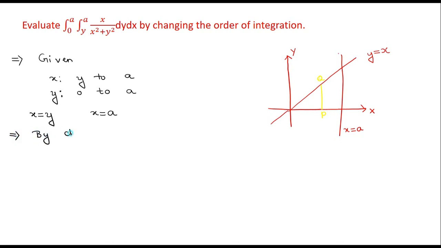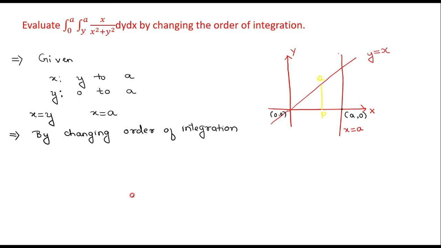By changing the order of integration, so this is the origin and here the point is x is equal to a and it is a point on x axis.